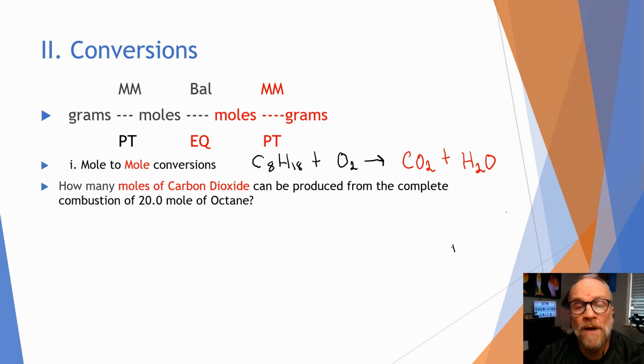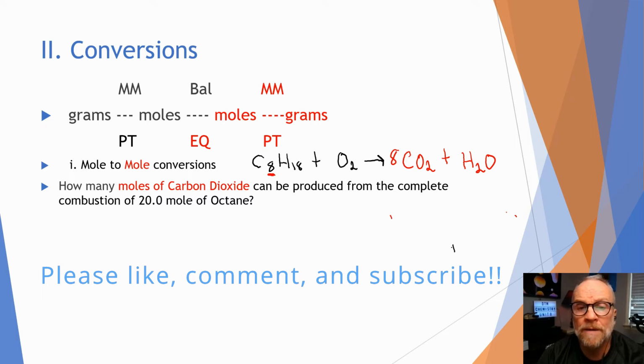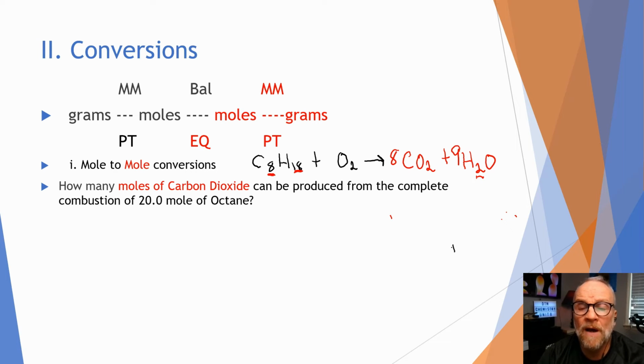Remember, in combustion reactions, we always balance carbon and hydrogen first and leave oxygen to the end. So if we have 8 moles of carbon on the reactant side, we'll need to put 8 here to get us started on our product side. If we have 18 moles of hydrogen in the reactant, 9 times 2 will give us 18 moles of hydrogen here.